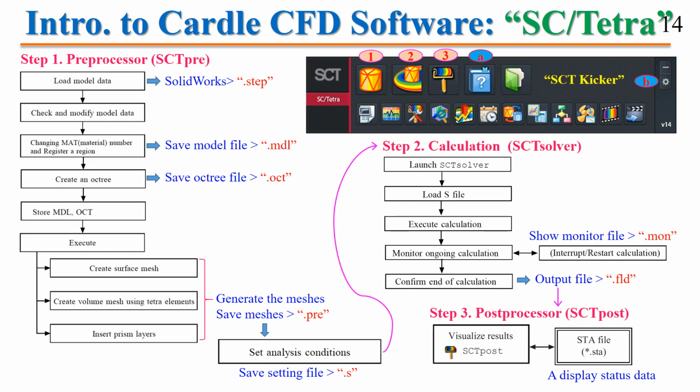And then after your calculation is finished, you will get the output file, right? You can get the output file dot FLD, and you will use the output file FLD for the third step of post processing, and you can visualize the flow field of your problem, and you can plot the velocity vector, you can plot the pressure contour, okay, and so on.